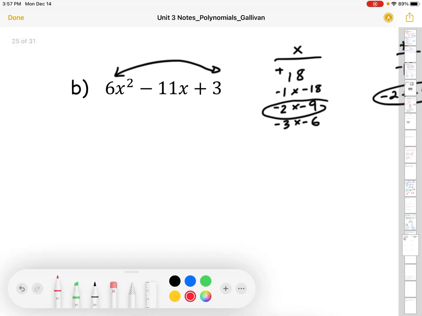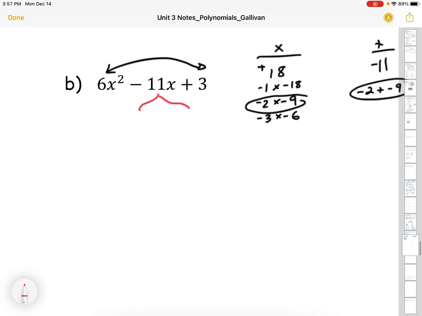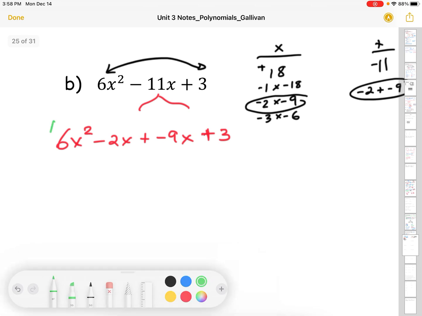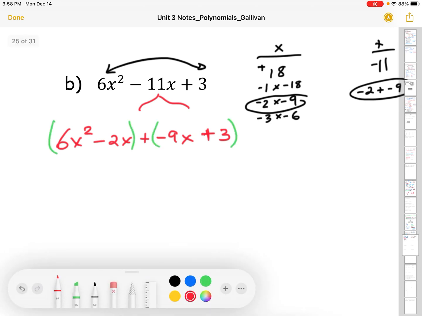So let's look here. I'm going to decompose the middle term, which means I'm going to break it into those two pieces. So I'm going to get 6x squared minus 2x. I'm going to write plus a negative 9x because it'll help me with factoring. And then I'm going to put in my brackets and factor by grouping.